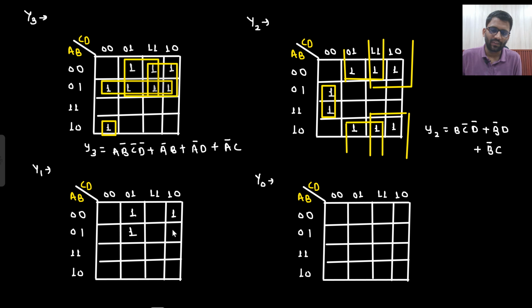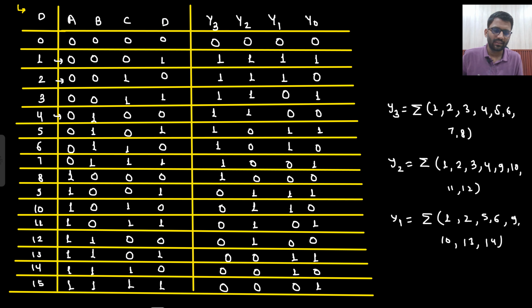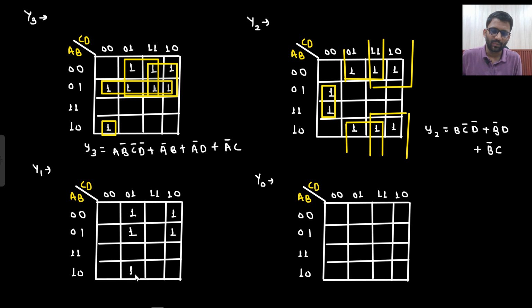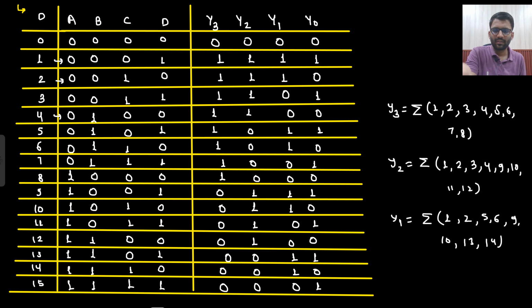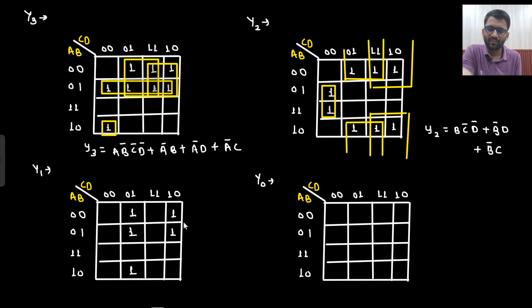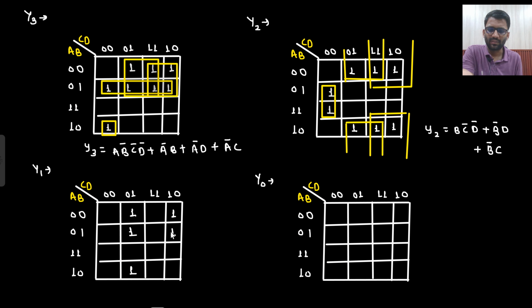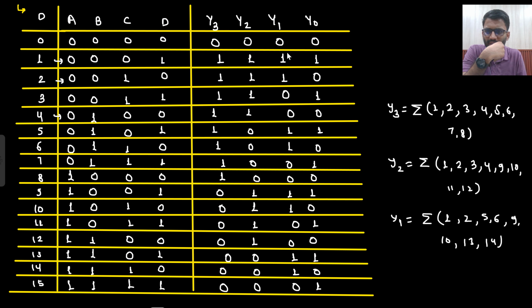Next is 4, 5, 6, 7, 8, 9. Wait a second. There is something wrong. Let me check. Yeah, nothing is going wrong, everything is fine.